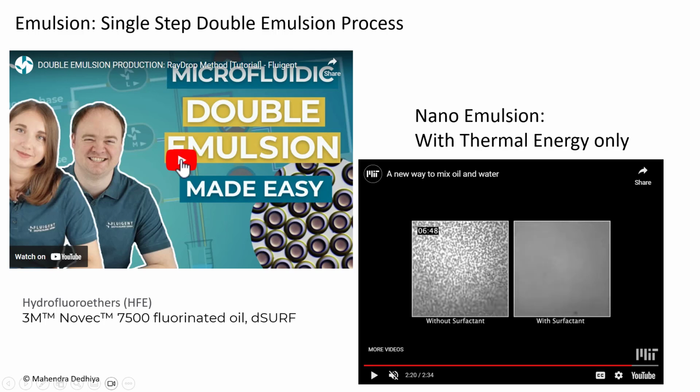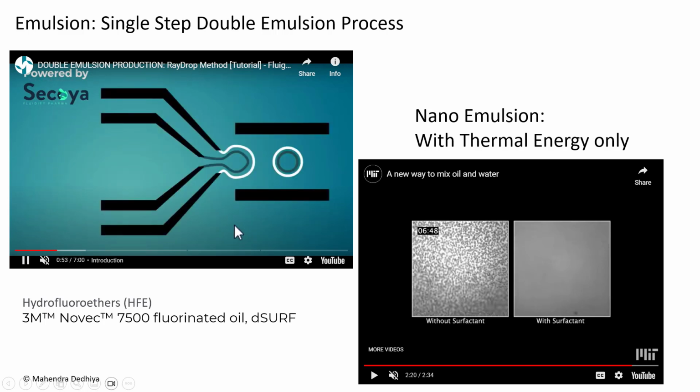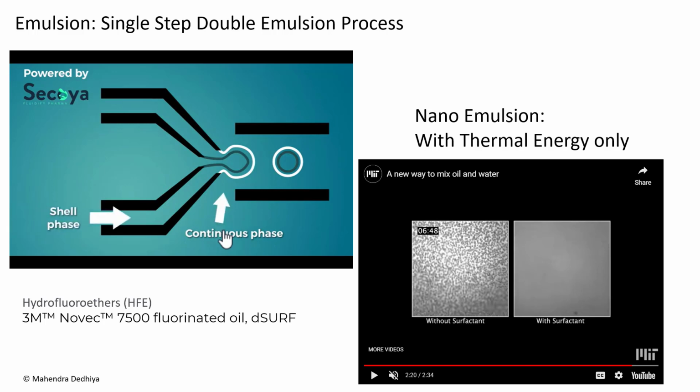Let's look at a double emulsion with a special technique. A mono inner emulsion is encapsulated in a continuous phase. The core phase, shell phase, and continuous phase are sequentially added.